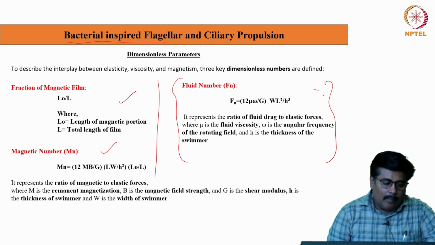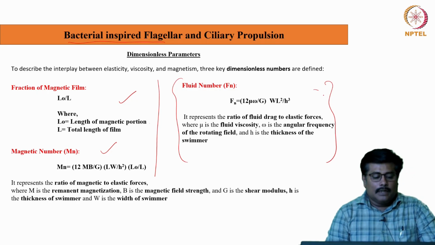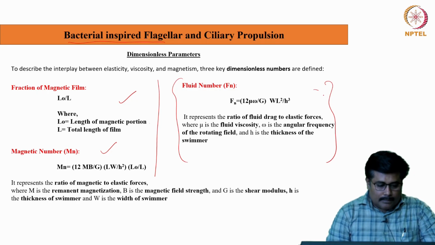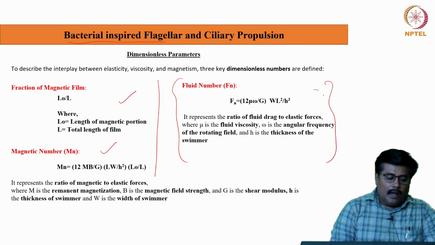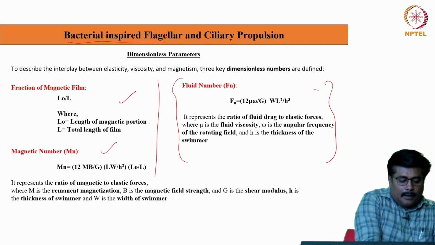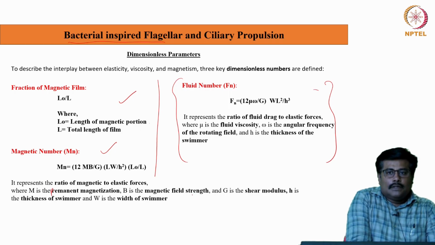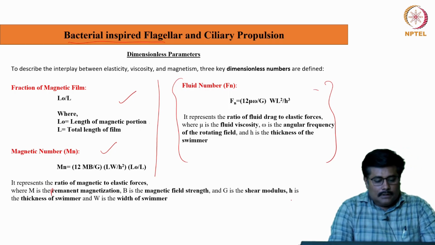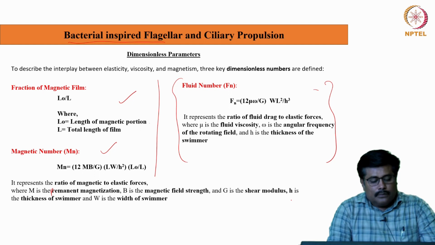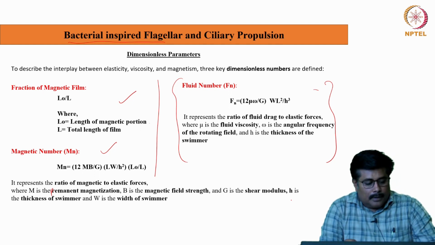Now we have a magnetic number, which we term Mn. As far as this magnetic number is concerned, M is the permanent magnetization, B is the magnetic field strength, G is the shear modulus, H is the thickness of the swimmer, and W is the width of the swimmer.